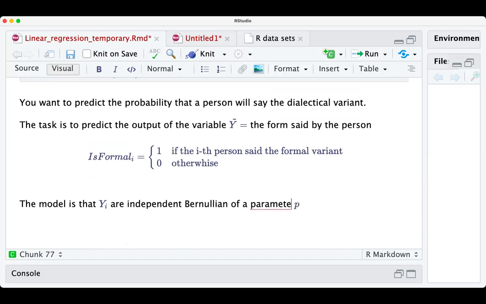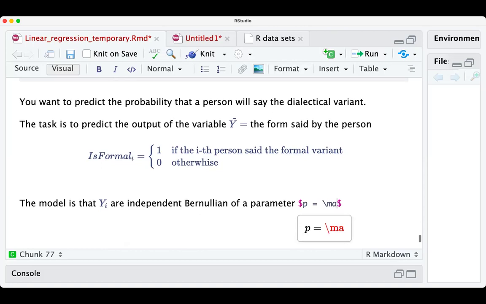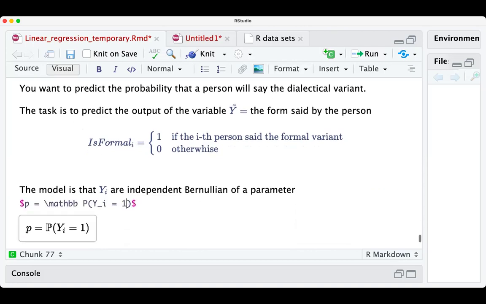Do you remember what Bernoullian means? It's a variable which can take only two values, 0 or 1. So the parameter p means the probability that y_i is equal to 1, that is, the probability that the person will say the formal variant.